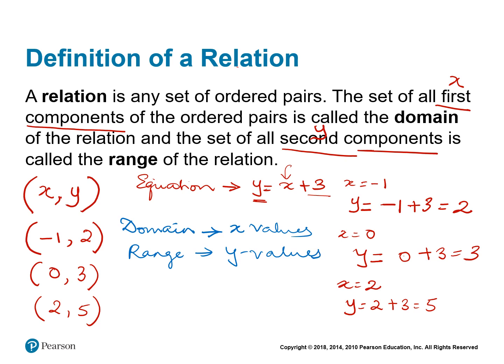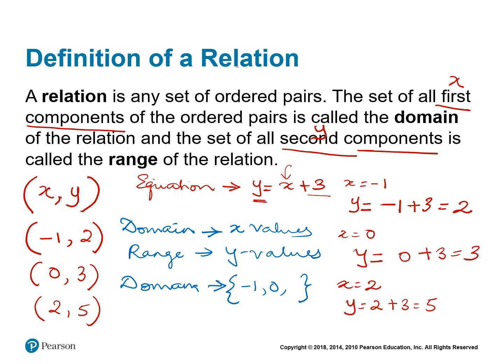So when they ask you to list all the domain values, all you do is list all your x values within curly brackets. These are the x values, the first component values. So basically you are picking -1, 0, and 2 and listing them as the domain values.